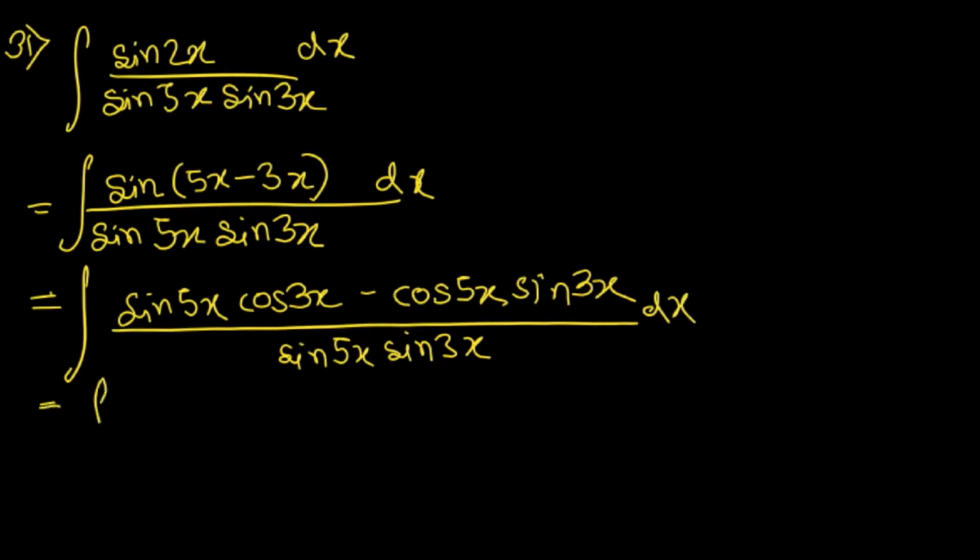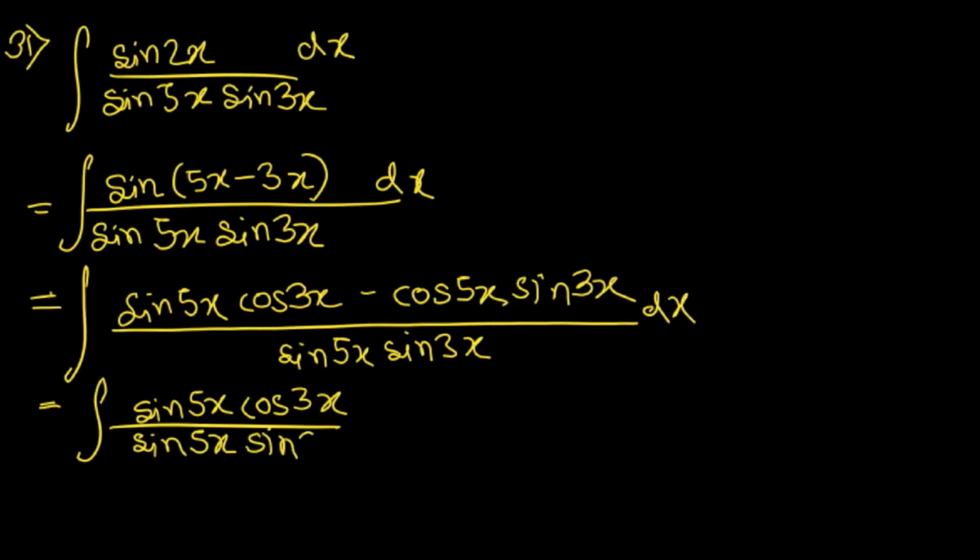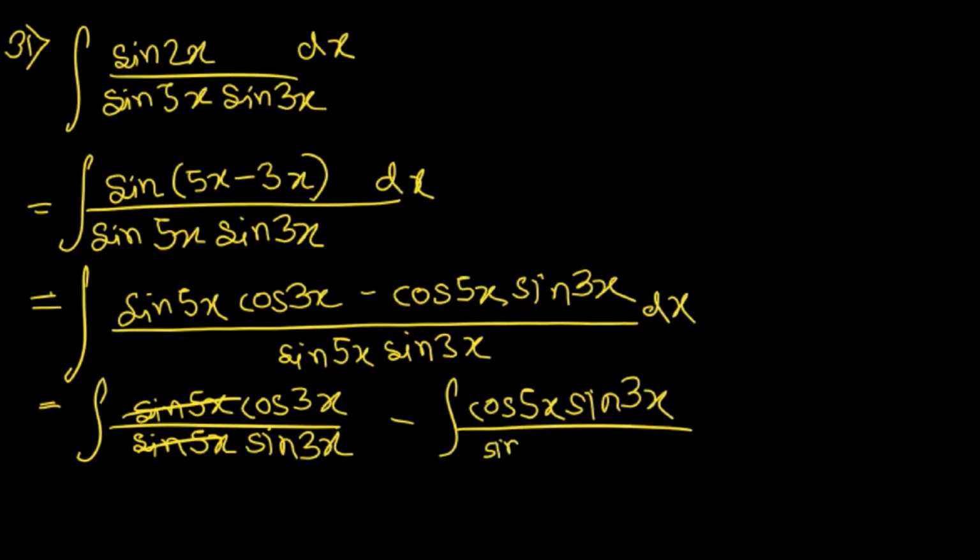If you carefully observe, we are breaking the terms like this. Watch carefully. Sin 5x cos 3x by sin 5x sin 3x, where sin 5x cancels, and cos 5x sin 3x by sin 5x sin 3x, where sin 3x cancels. Obviously the dx term would be there.